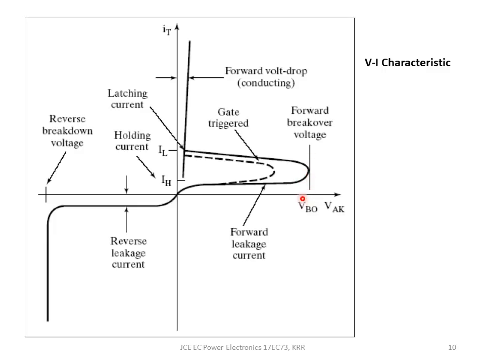But suppose I don't allow that, VBO is still less, I can use a gate trigger and turn it on earlier than VBO by simply giving the gate current. You are getting this? In this particular quadrant, this is the forward voltage, and the current flowing in this region is nothing but the leakage current, because junction J2 is reverse biased.